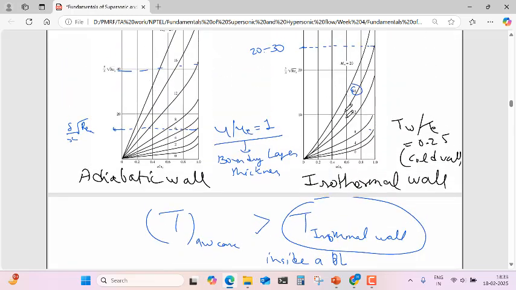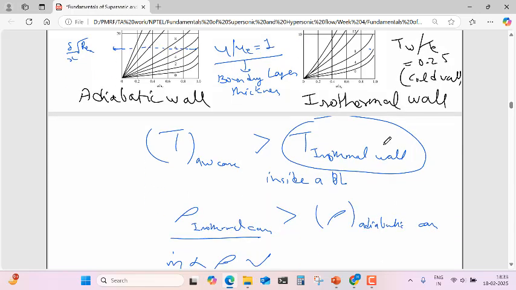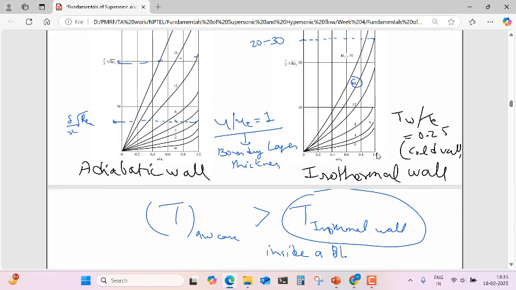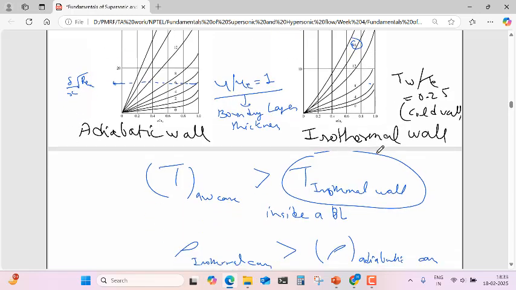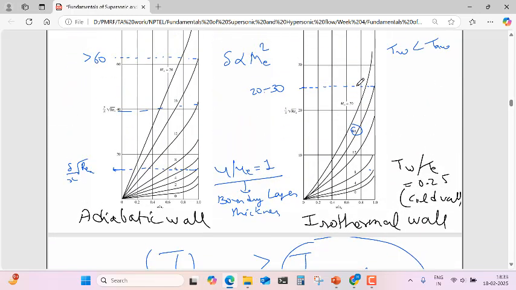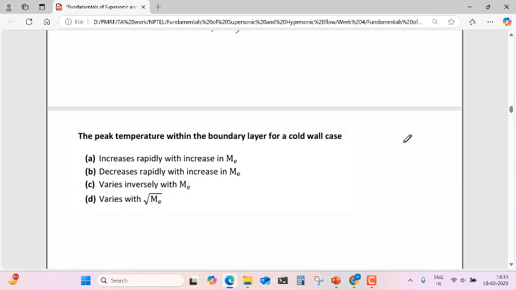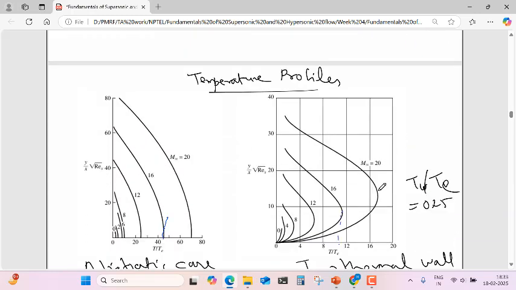And as we increase the Mach number, the temperature also increases.